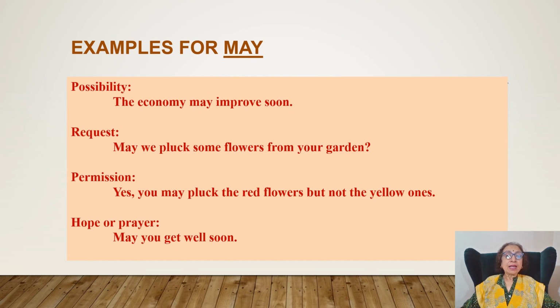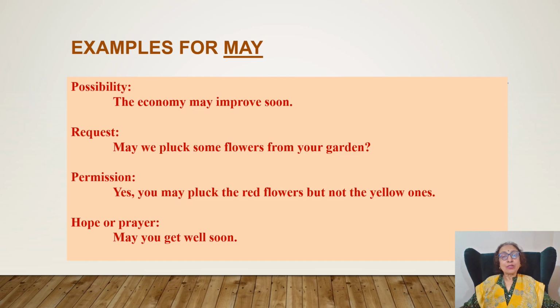Request, again, like, could I trim the bushes here? Request: may we pluck some flowers from your garden? You are requesting. Then you give permission also using may. Yes, you may pluck the red flowers, but not the yellow ones. You may not pluck, that is the form.